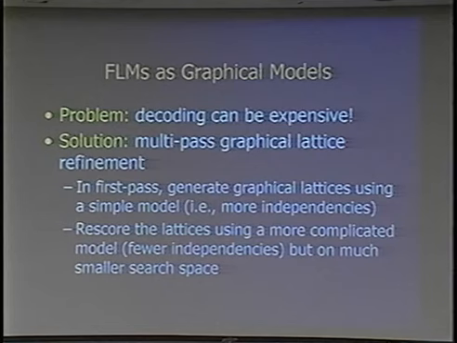The idea here is that in the first pass, we use a simplified model that does a first pass decoding and outputs some kind of lattices. I will talk about what I mean by these lattices, because this is new. After that, we can use a more complicated model and do a second pass based just on the lattices generated by the first one.